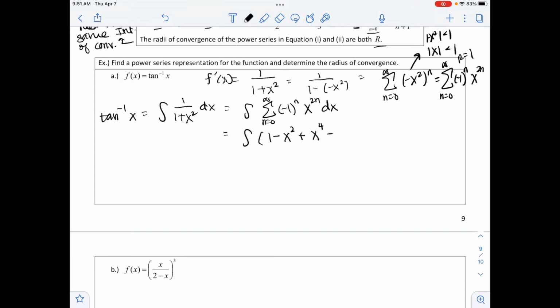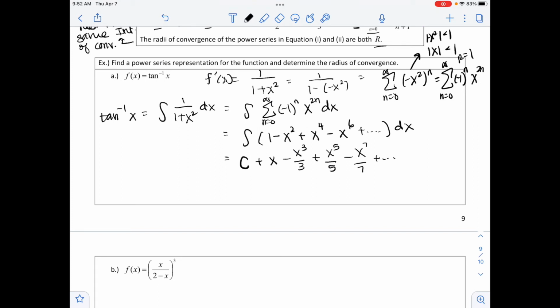The next term would be minus x to the 6th, and this continues on. And then I'll put my dx also there. So integrating this, I'm going to put my constant first, plus integrating 1, we get x, minus x cubed over 3, plus x to the 5th over 5, minus x to the 7th over 7, and then this also continues on forever.